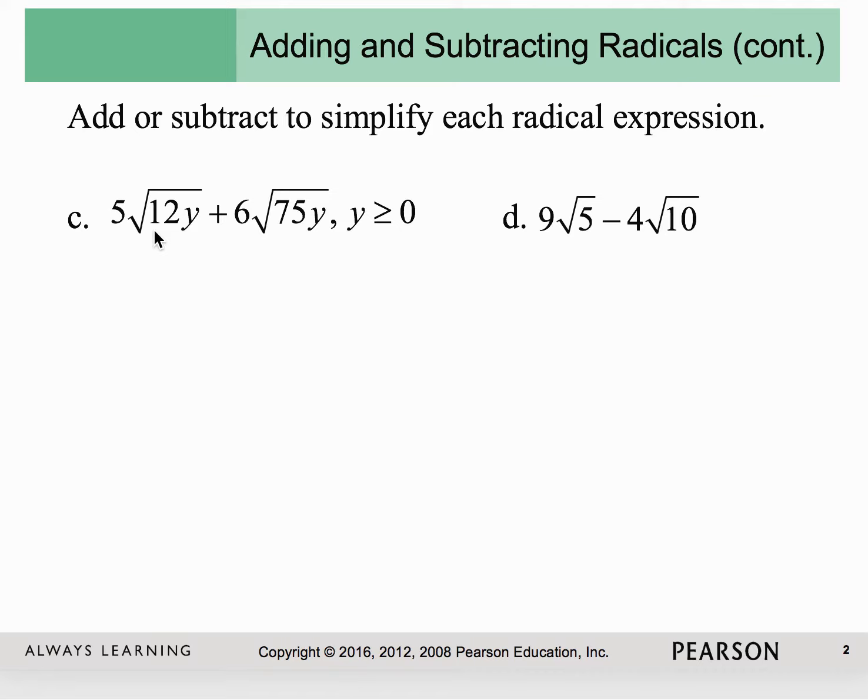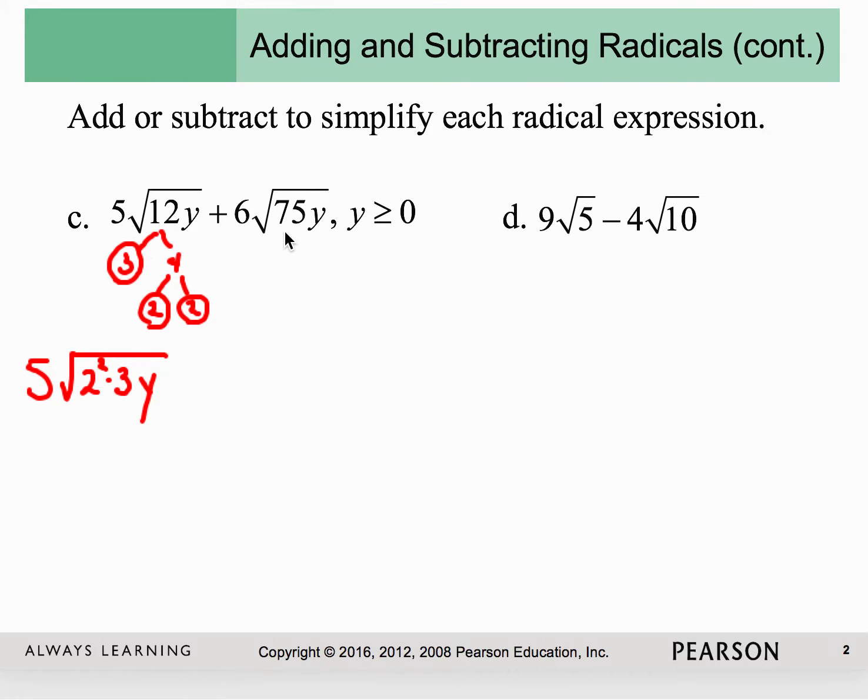regardless. So 12 I can write as 3 times 4. And 4 is 2 times 2. All right, so this can be changed to 5 times the square root of 2 squared times 3, and then don't forget we still have that y under there.